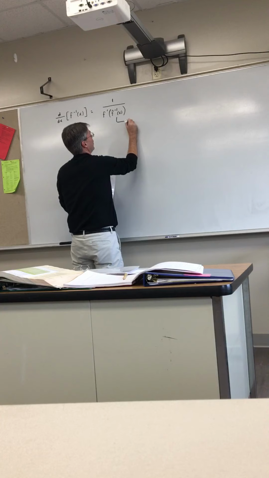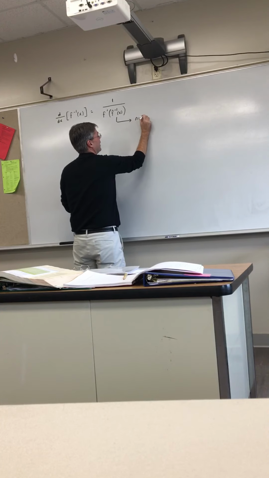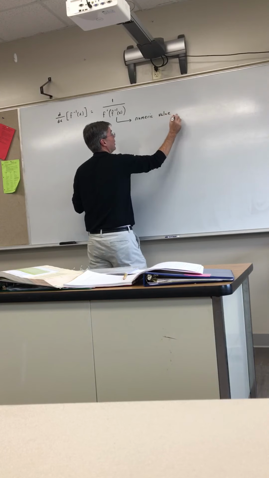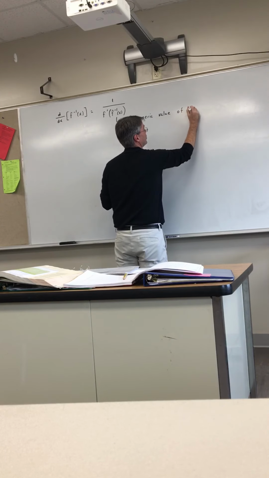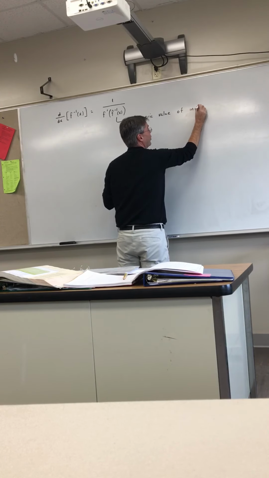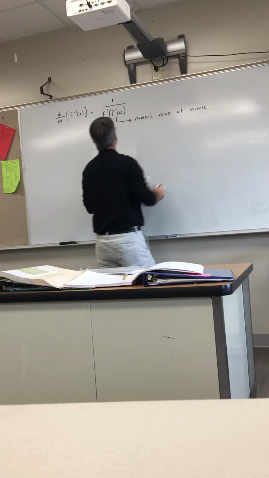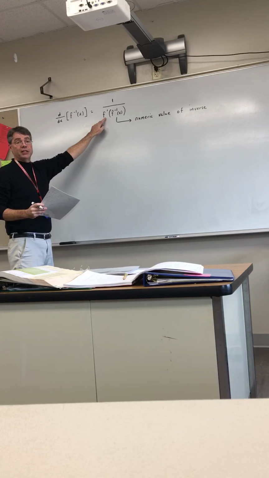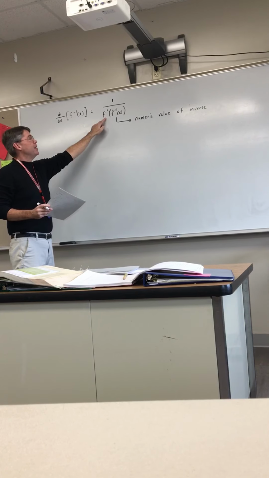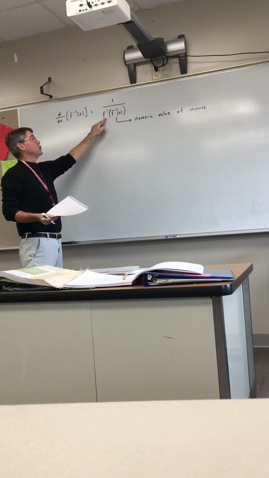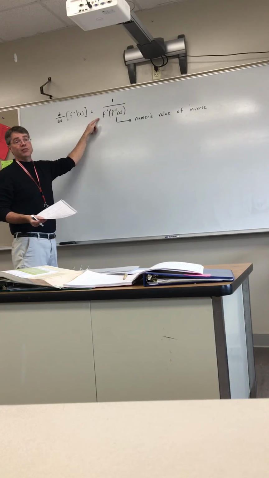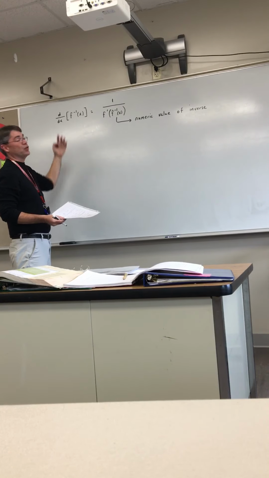So this is called the numeric value of the inverse. And that'll always be given in the problem. So f prime just means you take the original function and take the derivative of it, and then you put whatever value you're trying to figure out of the inverse in that, and then it's 1 over that, and that gives you the value of the inverse at a certain point.